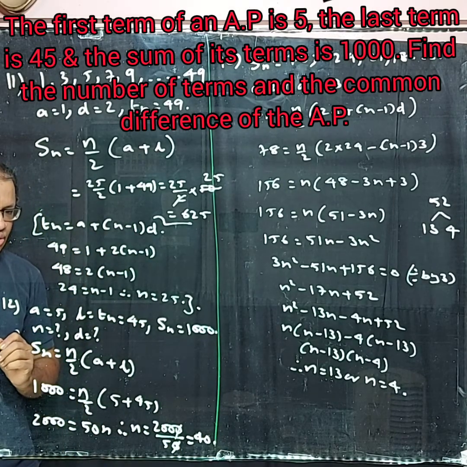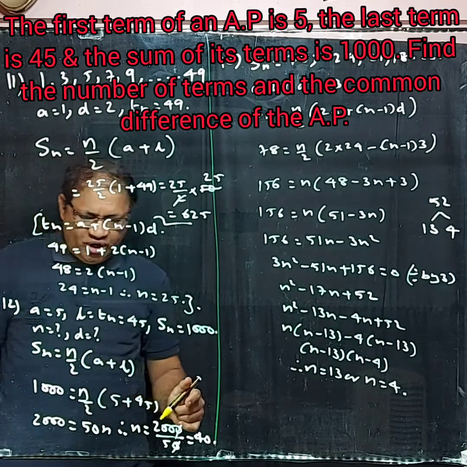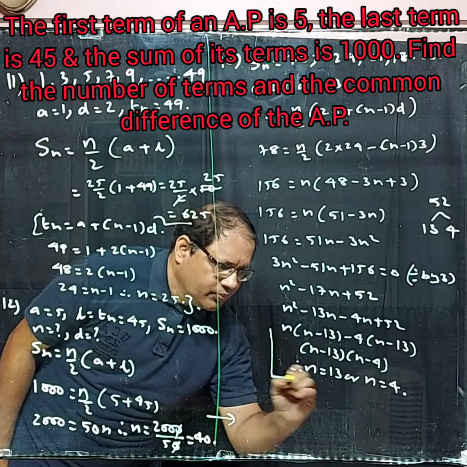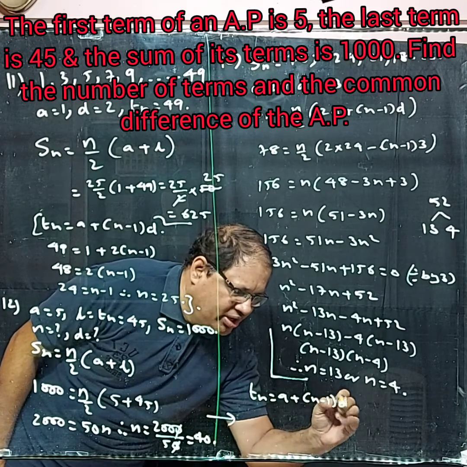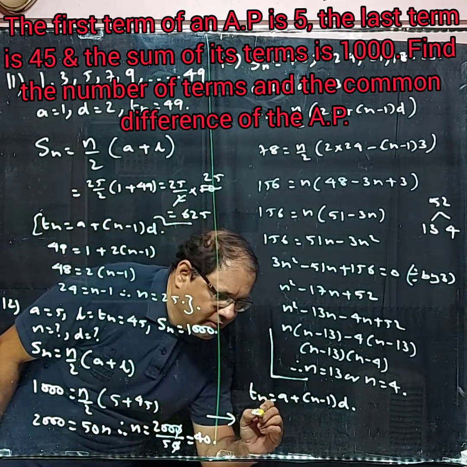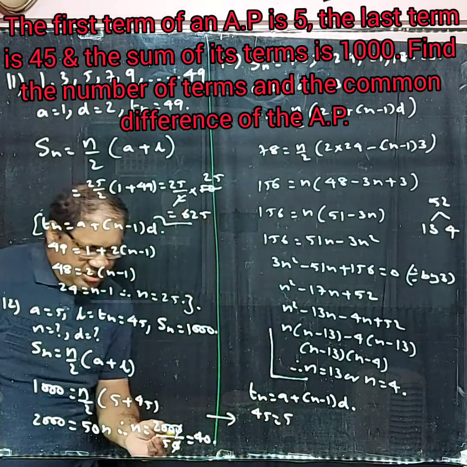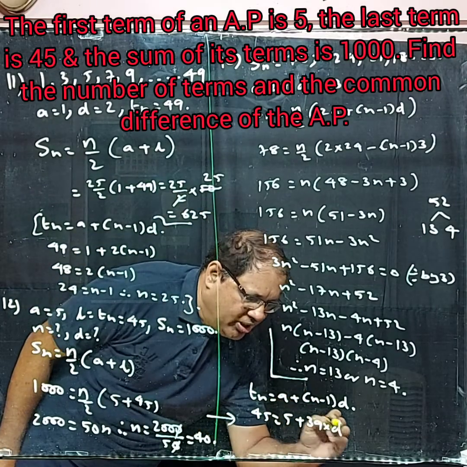Now how do you find out the difference d? Use the formula for Tn. I'll solve it over here. Tn is equal to a plus n minus 1 d. So Tn is 45, first term is 5, n is 40, so 40 minus 1, 39 into d.